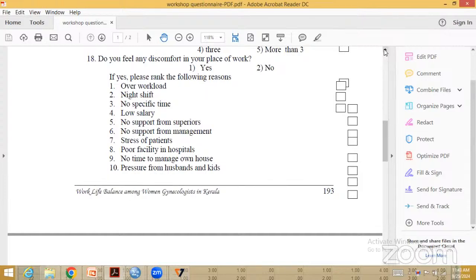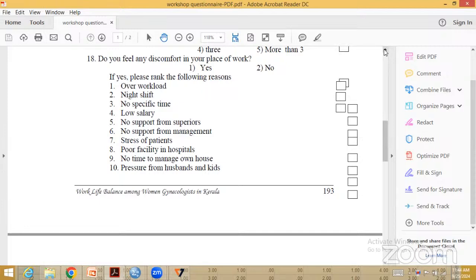So all the 12 reasons affect the discomfort more or less. Which is the most dominant one? We have 12 reasons, 12 answers for this discomfort. Which is the most dominant one? So that is why we use ranking.